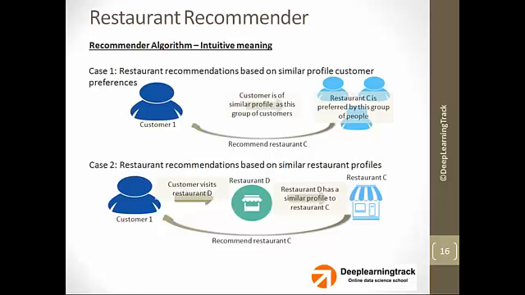Let's say customer 1 is of similar profile to this group of customers given in light blue. It could be of the same age, right?